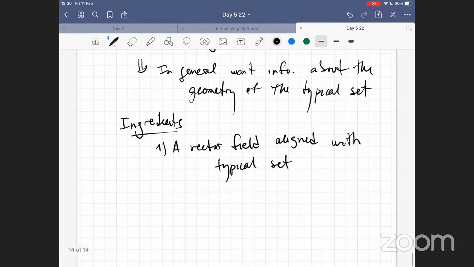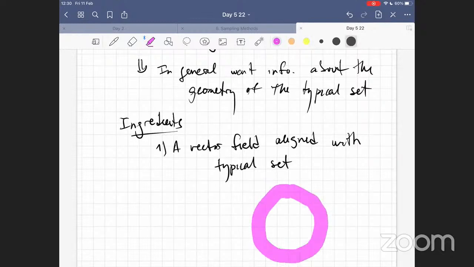So imagine that I have, let me try to draw this again, a typical set here, and then you can obtain a vector field by the gradient. So you can use the gradient of the function.